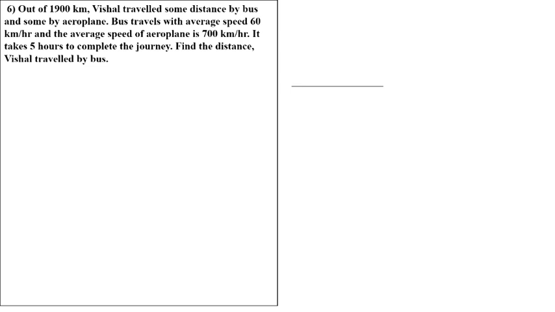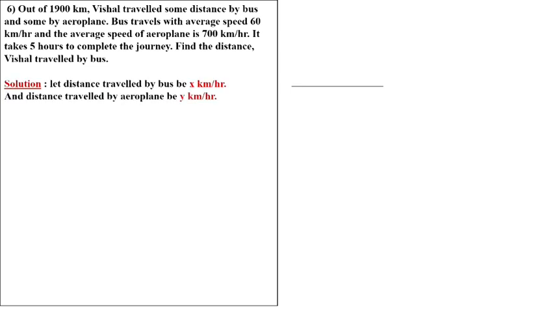Let the distance traveled by bus be x km and the distance traveled by aeroplane be y km. As per the first condition, we have covered a distance of 1900 km. It means x plus y equal to 1900. That is our equation number 1. As per the second condition, the speed is given. Time equals distance upon speed.